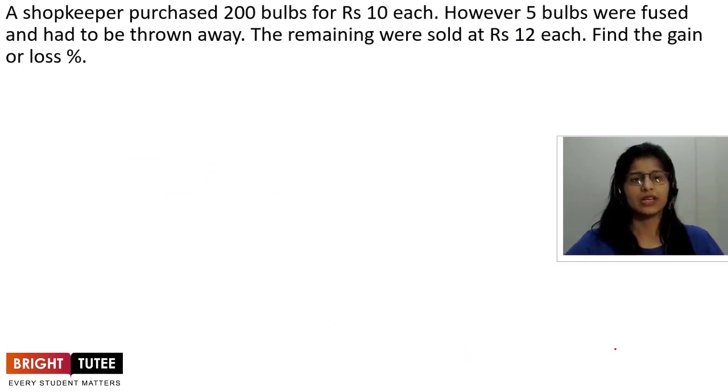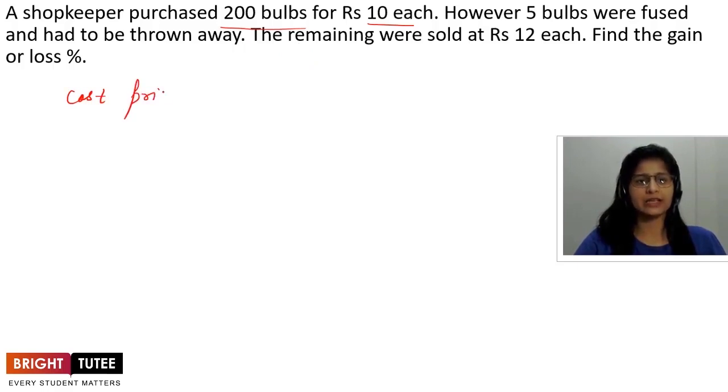Here is another question. In this question, it is said that a shopkeeper purchased 200 bulbs for rupees 10 each. Right? That means the price of one bulb is rupees 10. And how many has he purchased? 200. So let's find the cost price. Cost price of 200 bulbs.